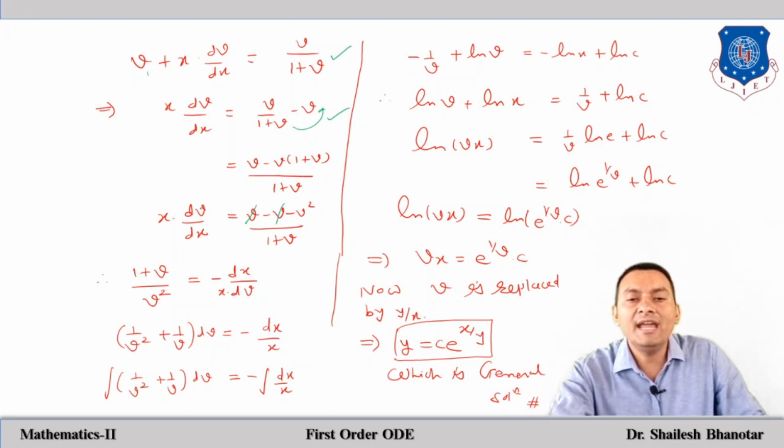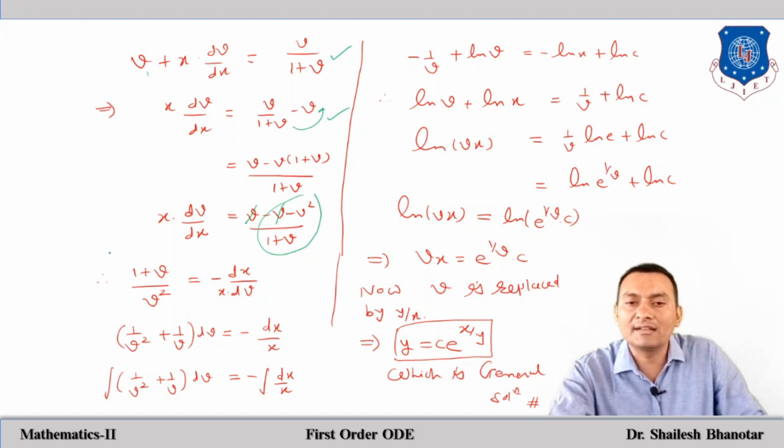Now you can separate the variables, because it is a variable separable differential equation. So I'm just taking dv, and this one portion on the left hand side. So I have to take 1 plus v square divided by v cube, minus is there, dx will be on the right hand side, and x goes to the denominator on the right hand side.